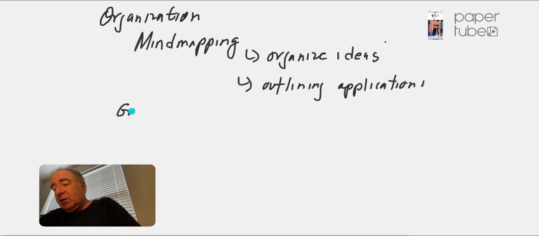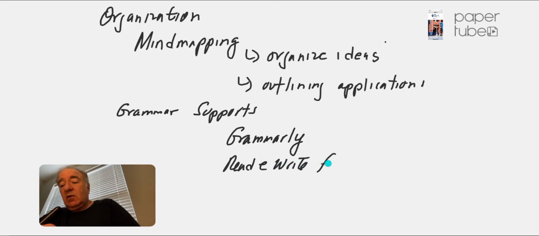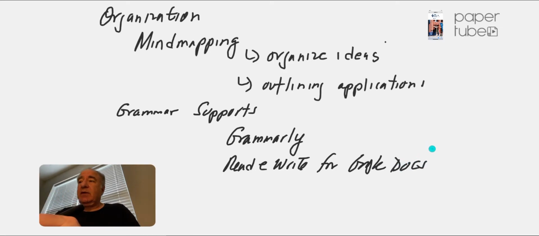And then some students might benefit from grammar supports. Some of you may be familiar with something like Grammarly, and Read and Write for Google Docs works really well. They can use it to check their writing, which can be really helpful.